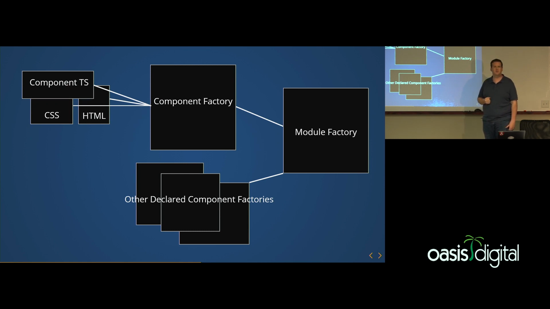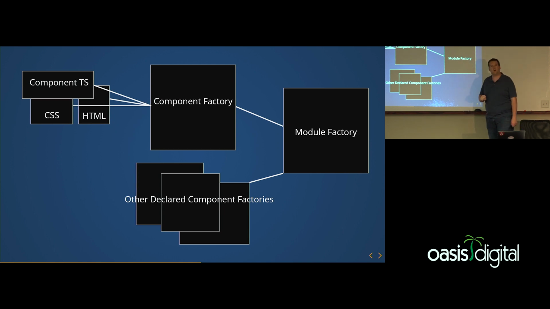It's something that you can use to generate instances of components. In fact, it's what Angular uses. When it comes across a template and knows that it needs to turn that into a component, it creates a component factory and grabs a component instance out of it.